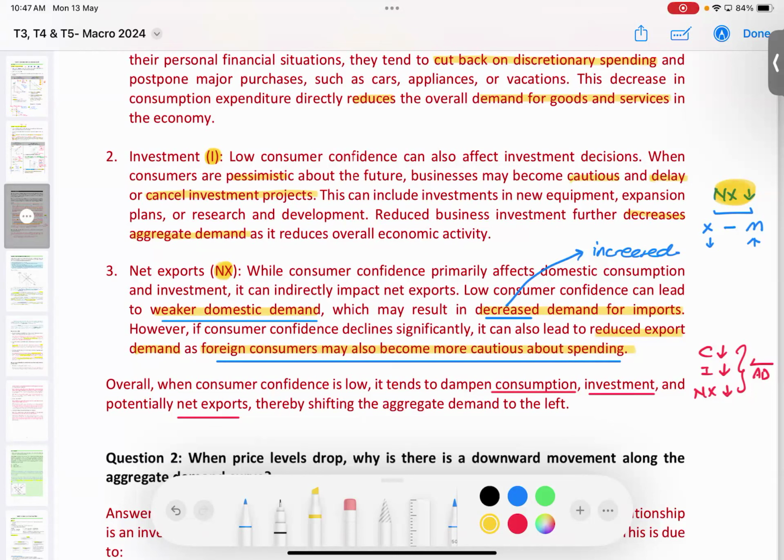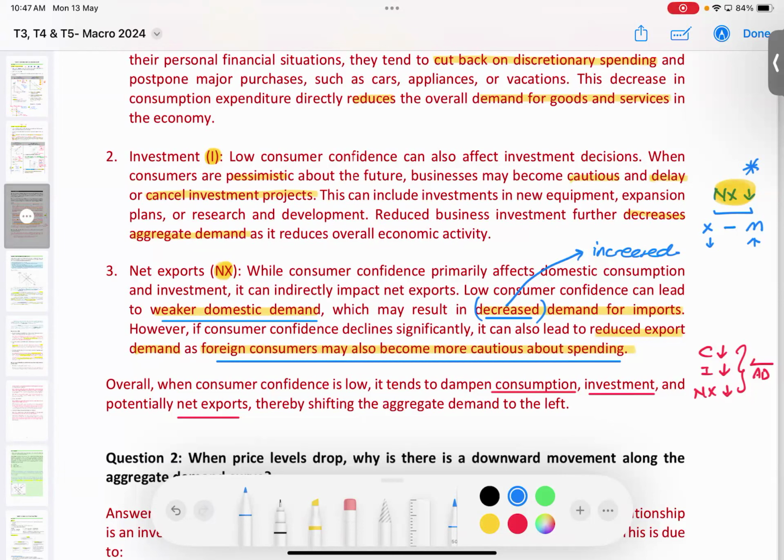Yeah, I believe she used the word strongly here. As long as I see your net exports going down, if it's only one error here, that's fine. At least you still know that net exports must go down. It's correct.